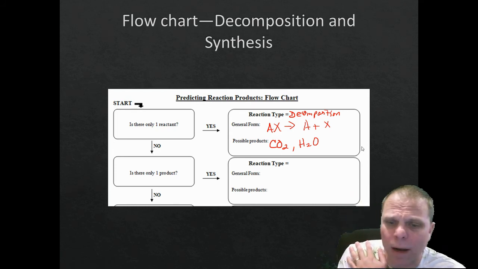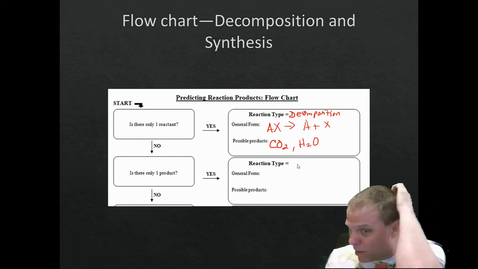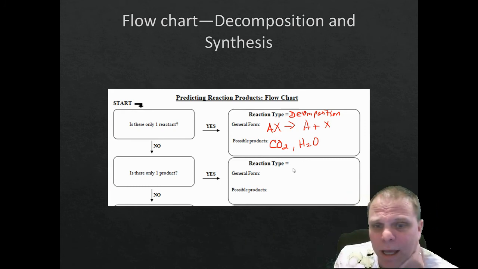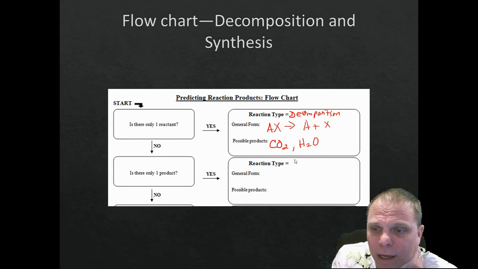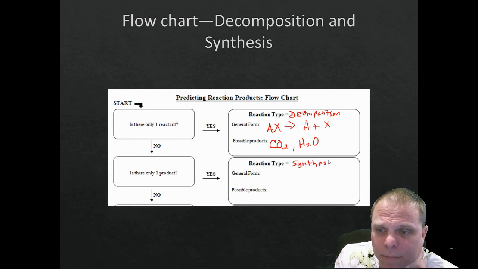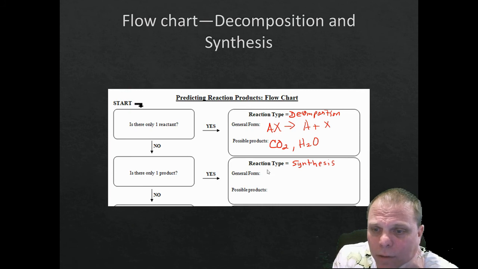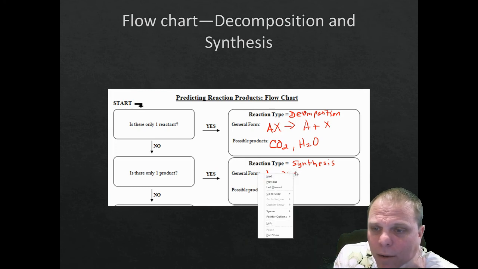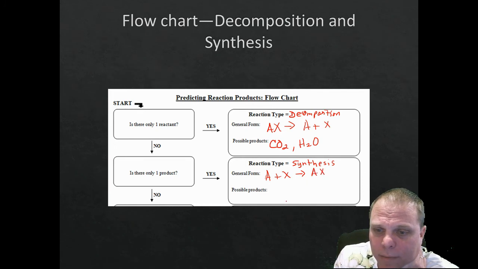If there's only one product, then we've got a synthesis reaction. The general form is A plus X, or A plus B, gives us AX.